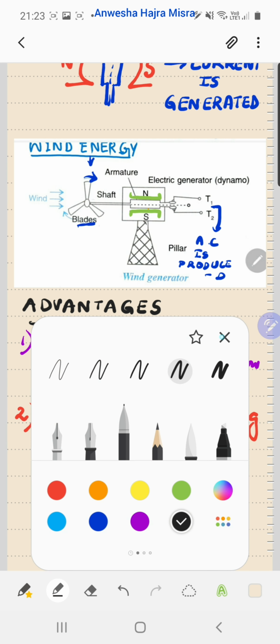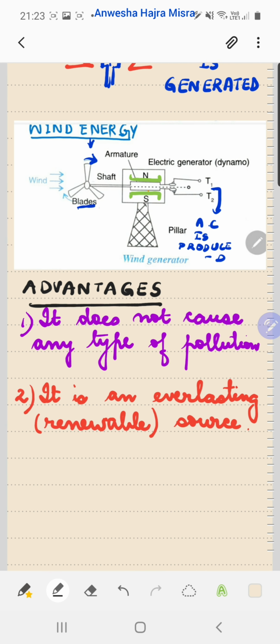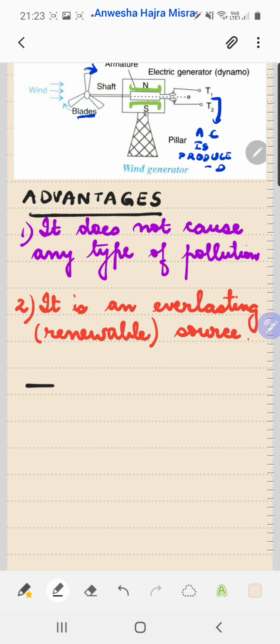What are the disadvantages of having electricity from wind energy?